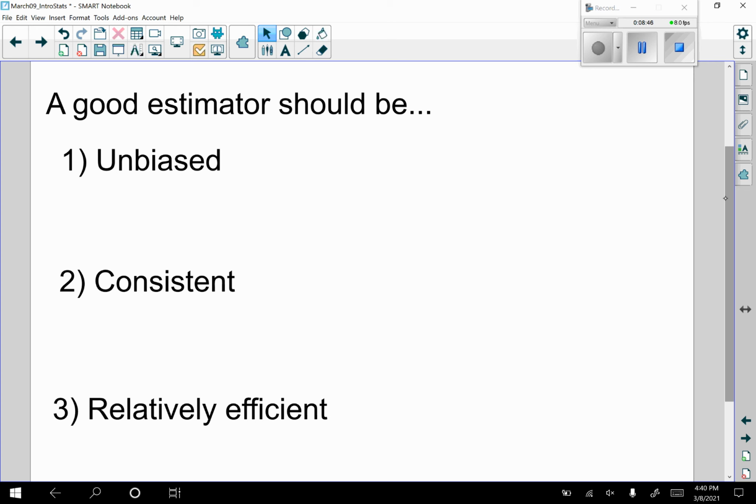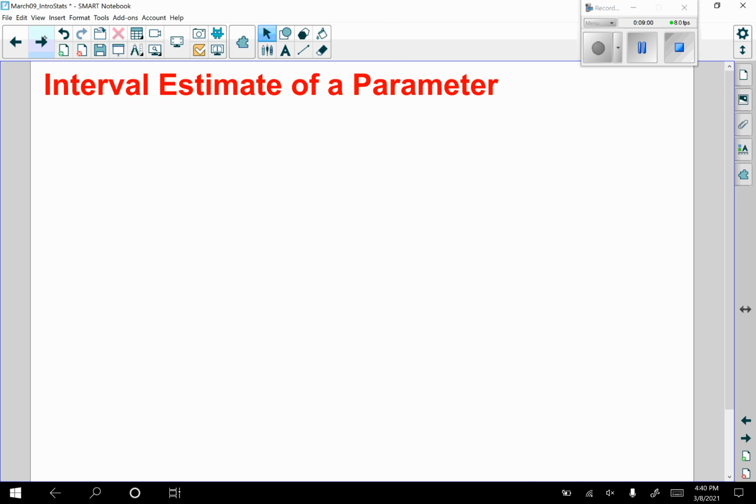So we looked at a point estimate of a parameter. Now let's take a look at an interval estimate. So this kind of gives us some wiggle room. If we have just an interval, let's say we're talking 0 to 10 versus saying it has to be a 5. That would be a point.